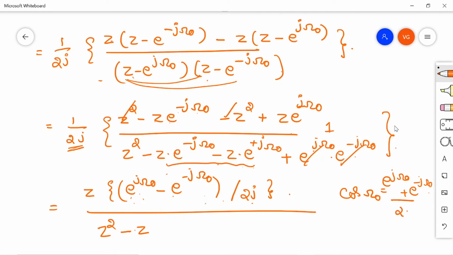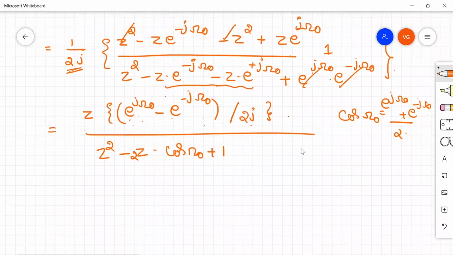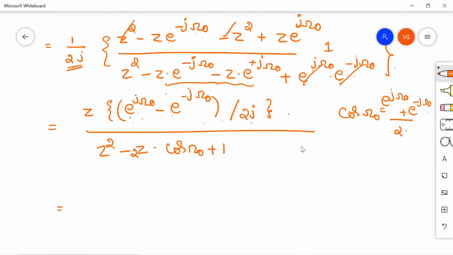So I'll just multiply and divide with the 2 to bring it into that form: minus 2z cos omega naught plus 1, right? Coming to the numerator, this is of the sine form. So finally it can be written like this: z sine omega naught divided by z square minus 2z cos omega naught plus 1.